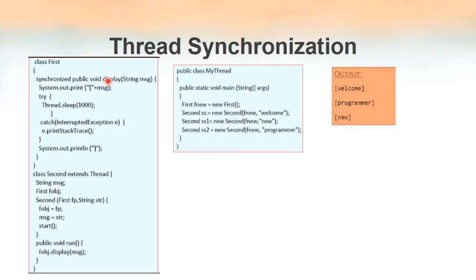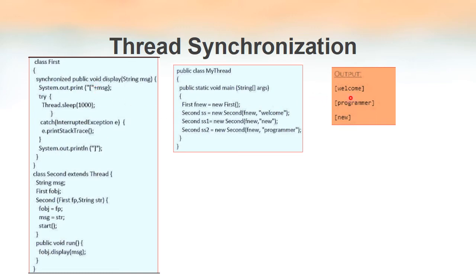But when ss1 tries to access the method display, since we have used the keyword synchronized, it will have to wait until ss resumes after sleeping and completes its work, and only then will ss1 be able to access the lines of code inside this method.